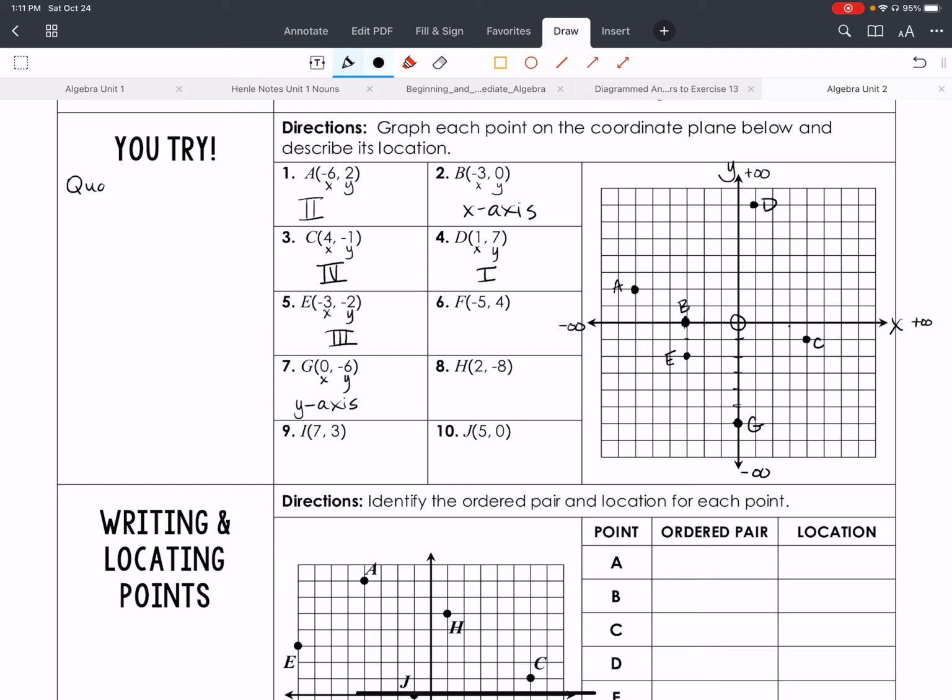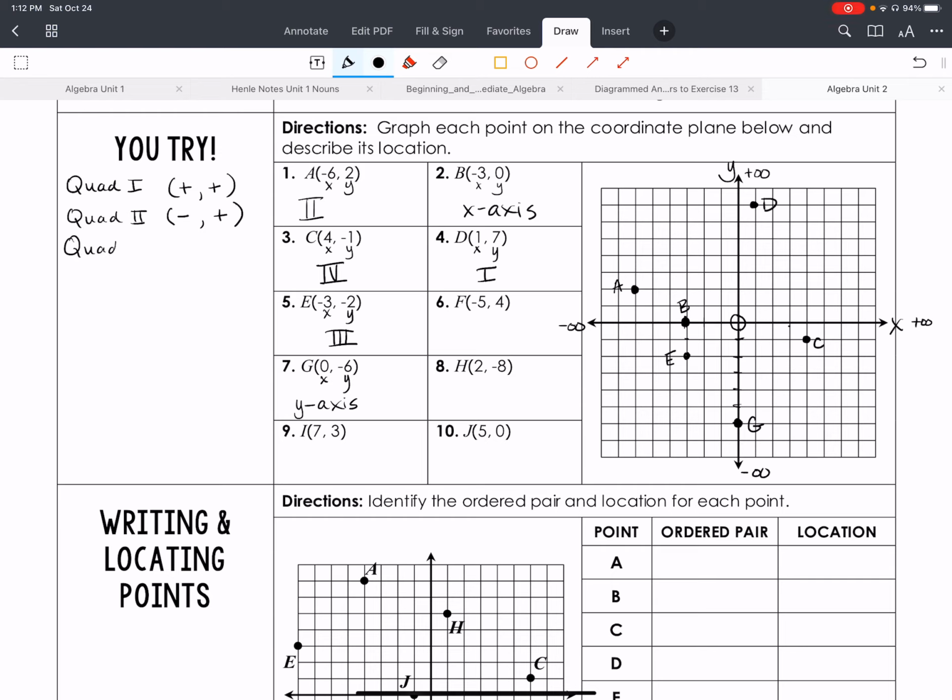Okay, so things to note. Quadrant 1 has a positive number and a positive number. That's where you're going to find all of the ordered pairs where both numbers x and y are positive. Quadrant 2 is going to be a negative number on the x-axis and a positive number on the y-axis.